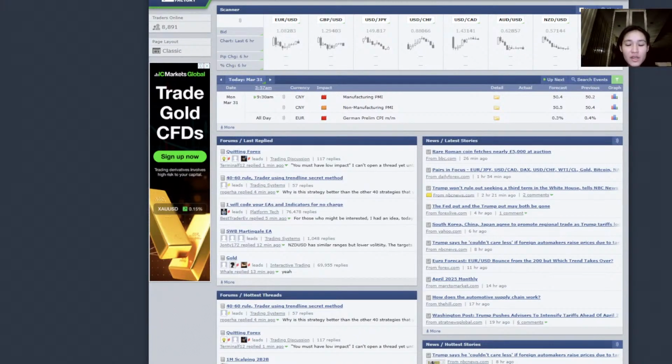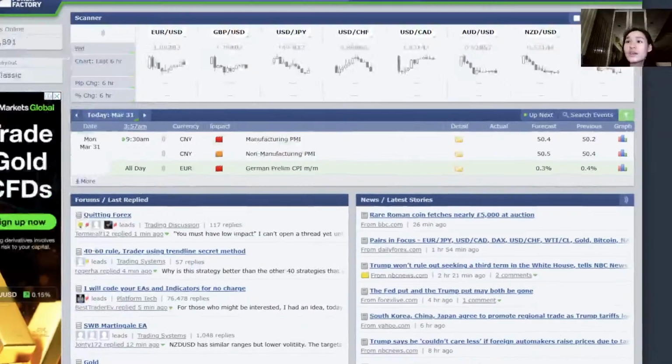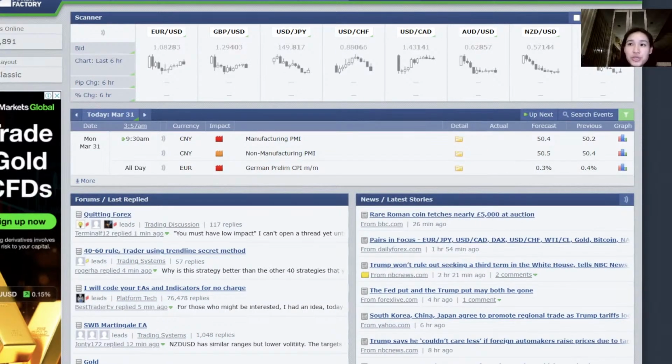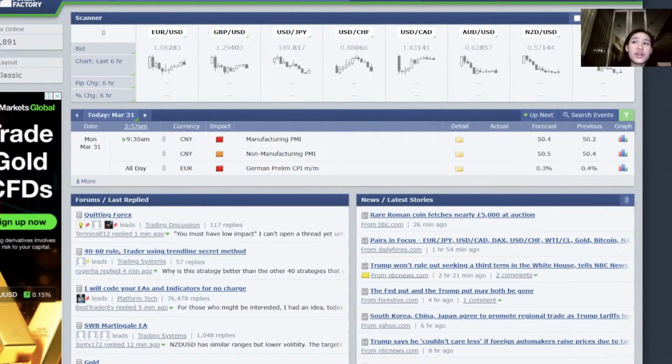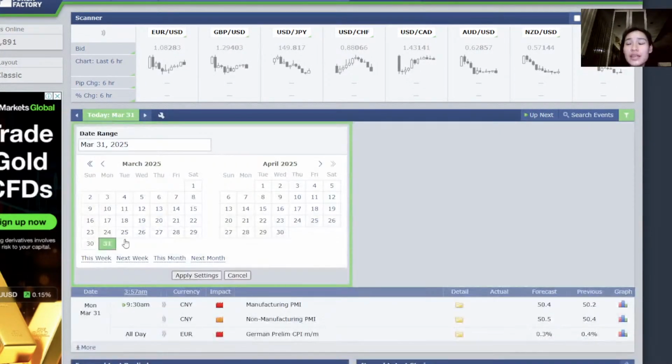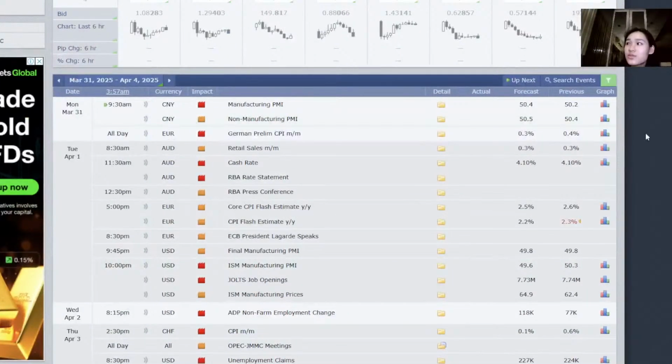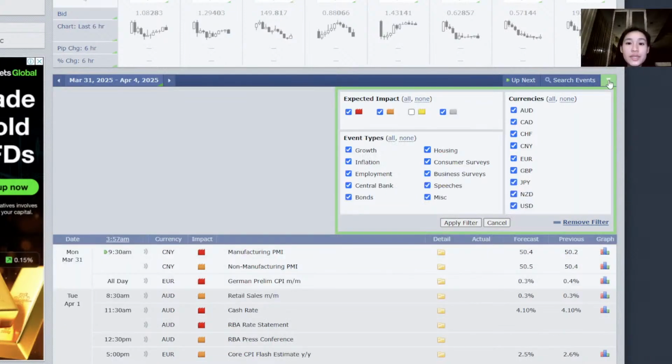Okay, so you pretty much can use any economic calendar that you wish to. We normally like to use forexfactory.com. Now let's look at this entire week's events, apply settings. I like to filter it to focus on the medium to high impact events, which are these orange and red icons.